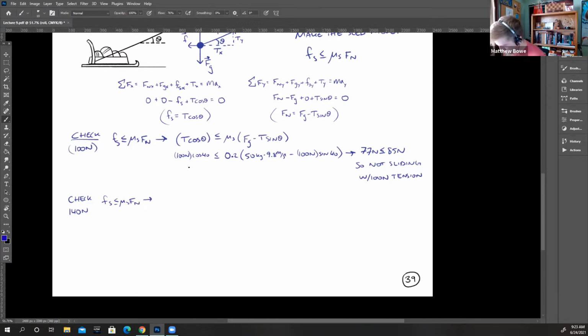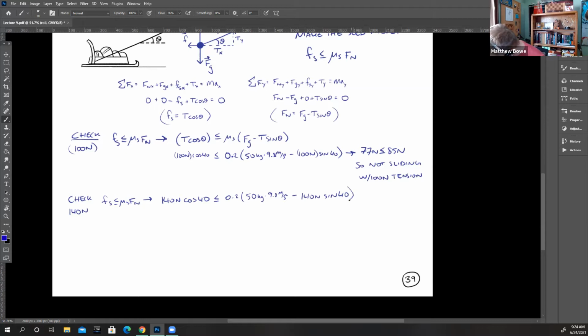So I'm not going to rewrite the top part, but I will put the values in already. So that's 140 newtons times cosine of 40 is less than or equal to 0.2, 50 kilograms times 9.8 meters per second squared minus 140 newtons times sine of 40.